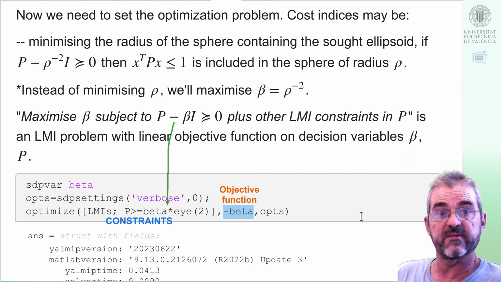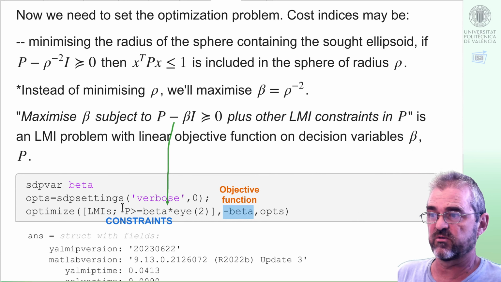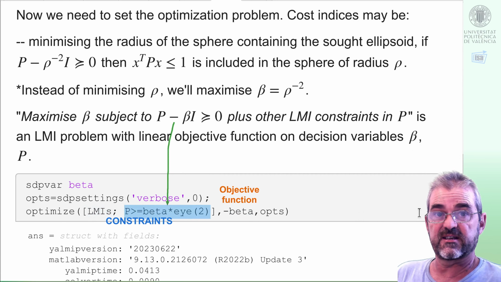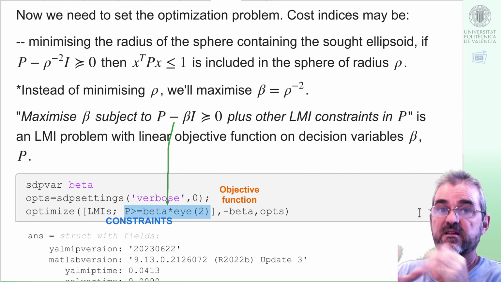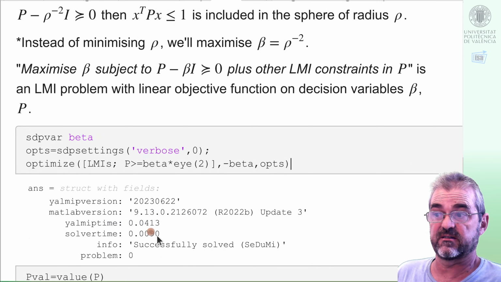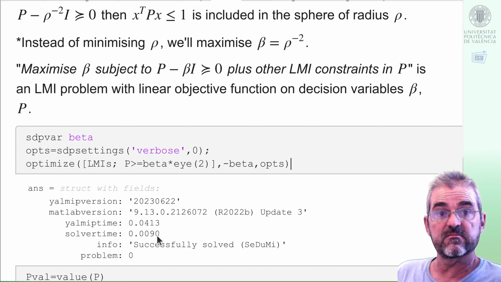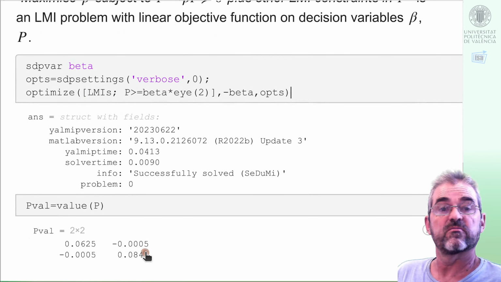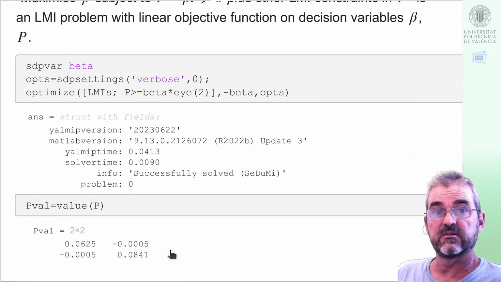So with this we maximize beta, subject to the polyhedron-ellipse inclusion in my problem statement, plus this shrinking sphere containing everything. And then my solver, in less than 50 milliseconds, provides a successfully solved solution with this value of P as the ellipse we wished to obtain.